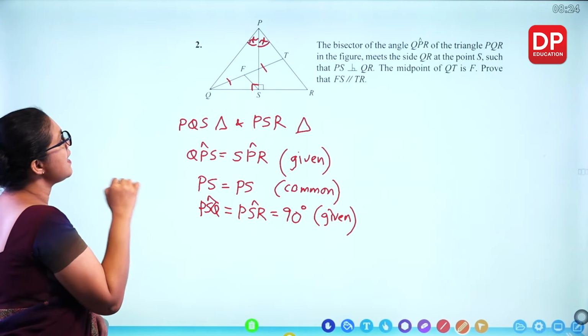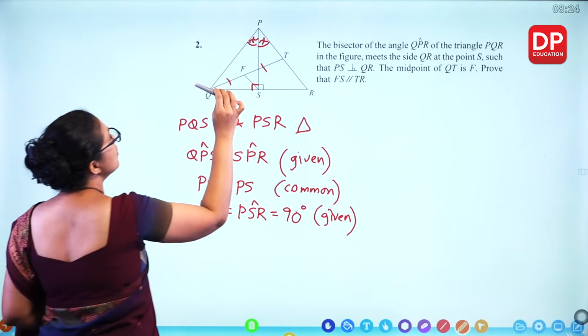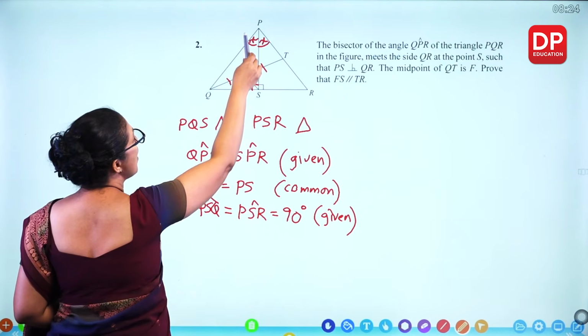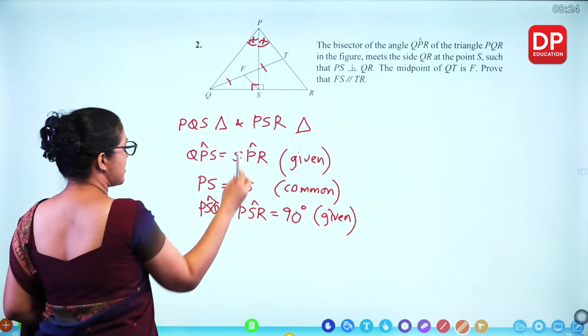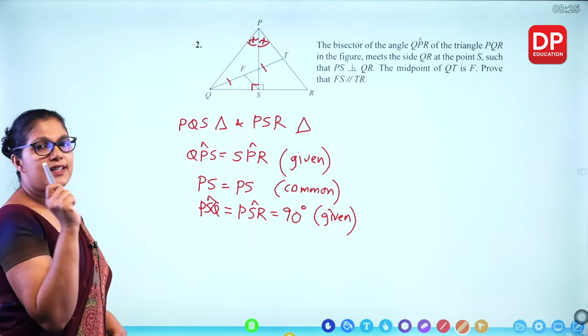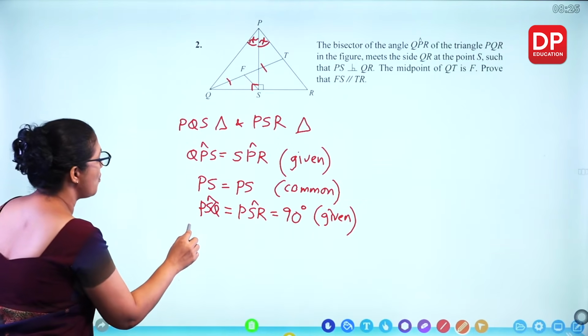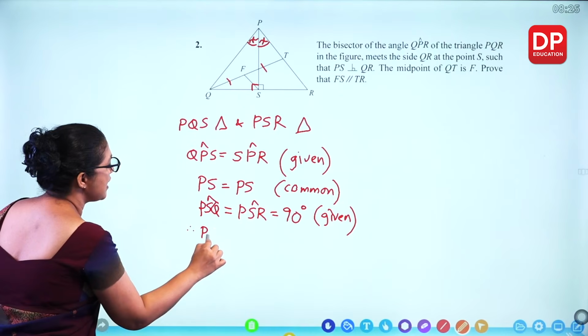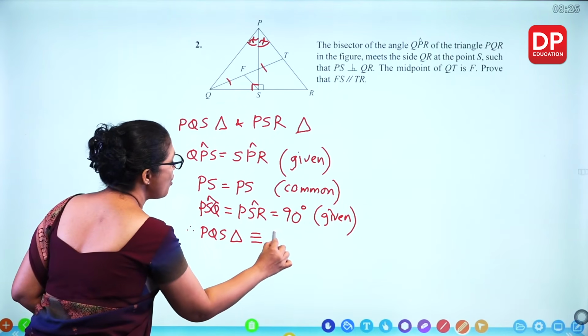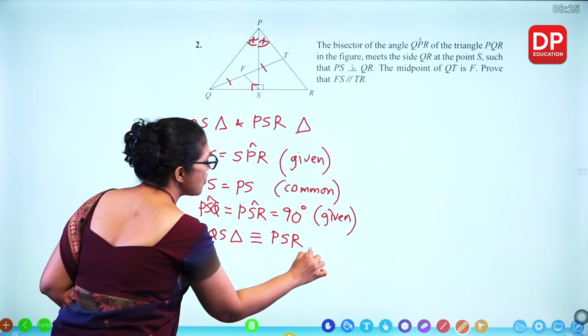Two sides and angle. So, one side and two angles. Two angles and one side. Angle, angle, side. So, we can say PQS triangle is congruent to PSR triangle.